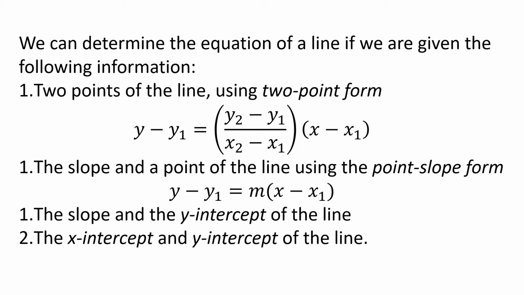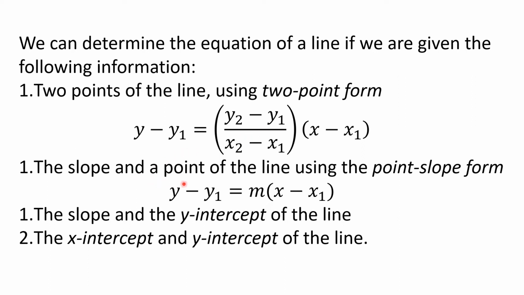First, if we have two points of a line, we use the two-point form. The equation is y minus y sub 1 equals the quantity y sub 2 minus y sub 1 over x sub 2 minus x sub 1 times the quantity x minus x sub 1. This is what we call the two-point form. So, we are given two points.